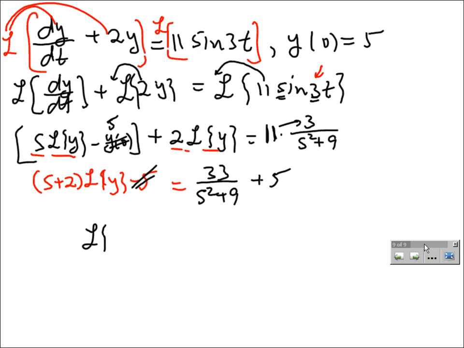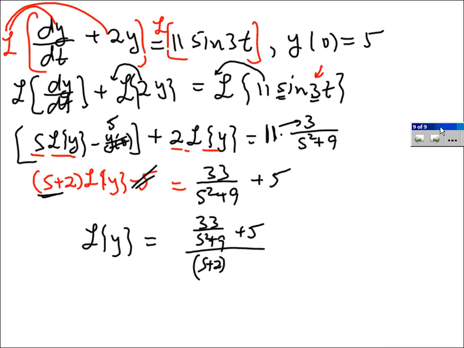So now L of y is just going to be the right-hand side divided by this number, s plus 2. So in the numerator, let's get a common denominator. Yes, 33 over s squared plus 9. And for the 5, I'm going to multiply top and bottom by s squared plus 9.